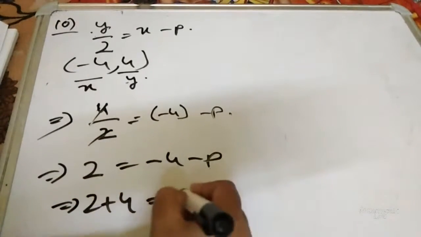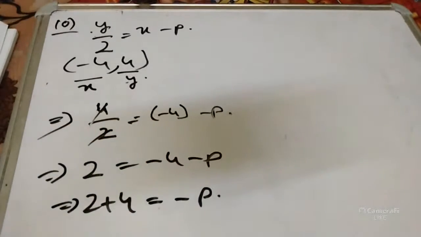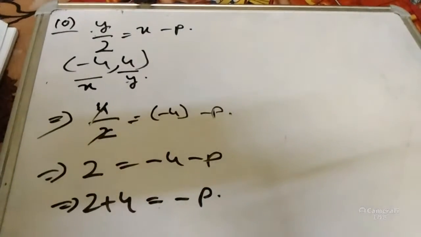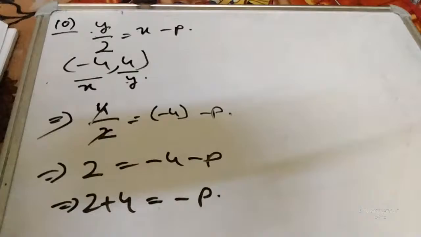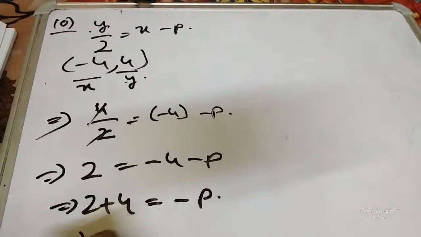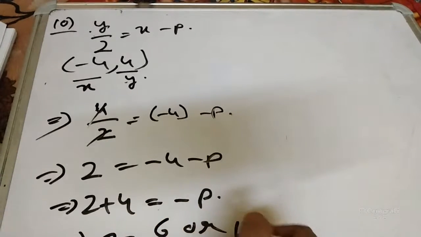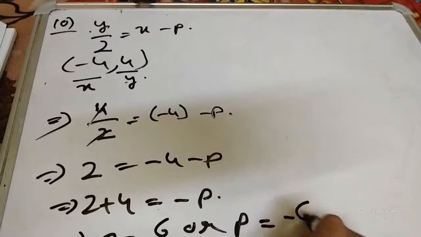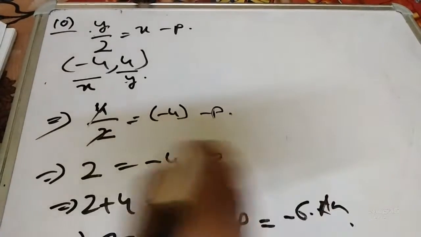2 plus 4 is equal to minus p. So we get minus p is equal to 6, or that we can also write as p is equal to minus 6. So this is our answer.